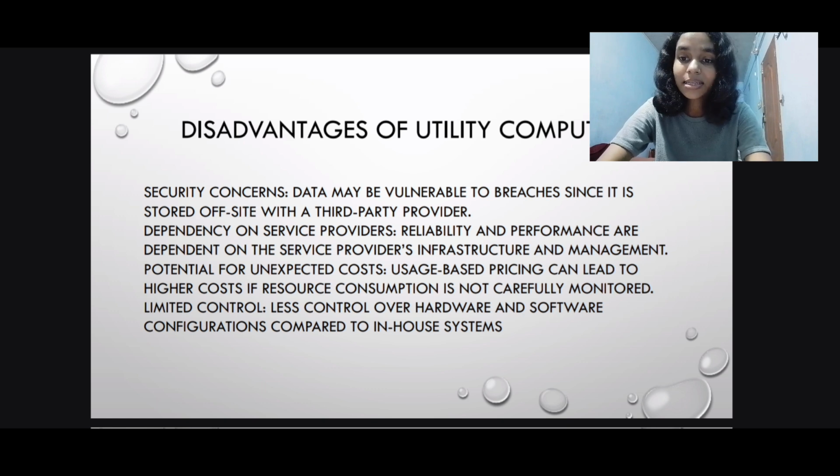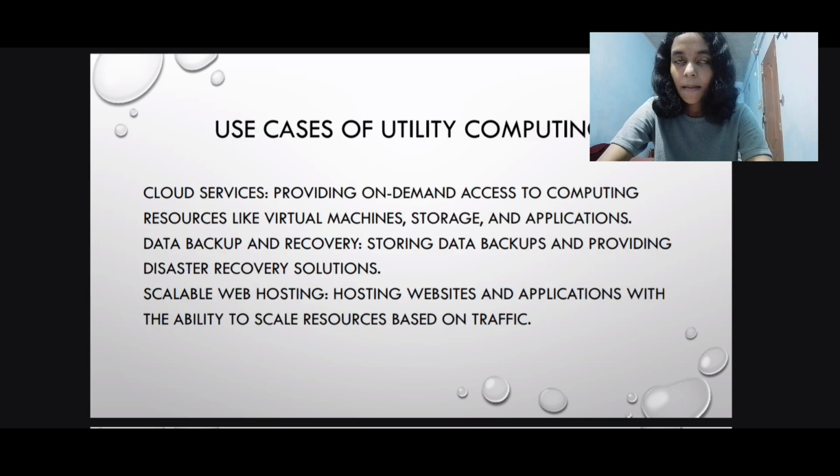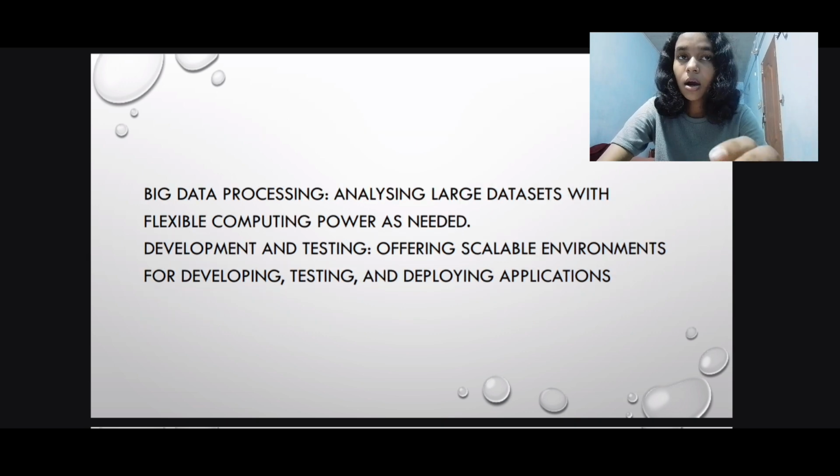These are the disadvantages of utility computing. Main use cases of utility computing are cloud services, data backup and recovery, and scalable web hosting. Big data processing and development and testing are also applications of utility computing.